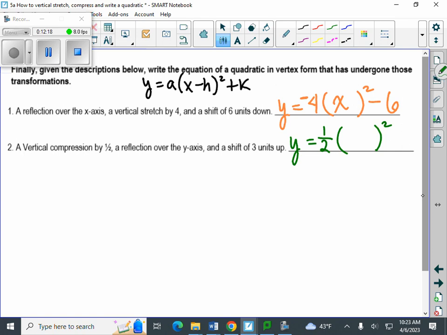A reflection over the y-axis. That means our negative is going to be inside the parentheses. And then a shift of 3 units up. Up or down is still going to be outside of the parentheses. Chart at the end of your packet may be helpful.